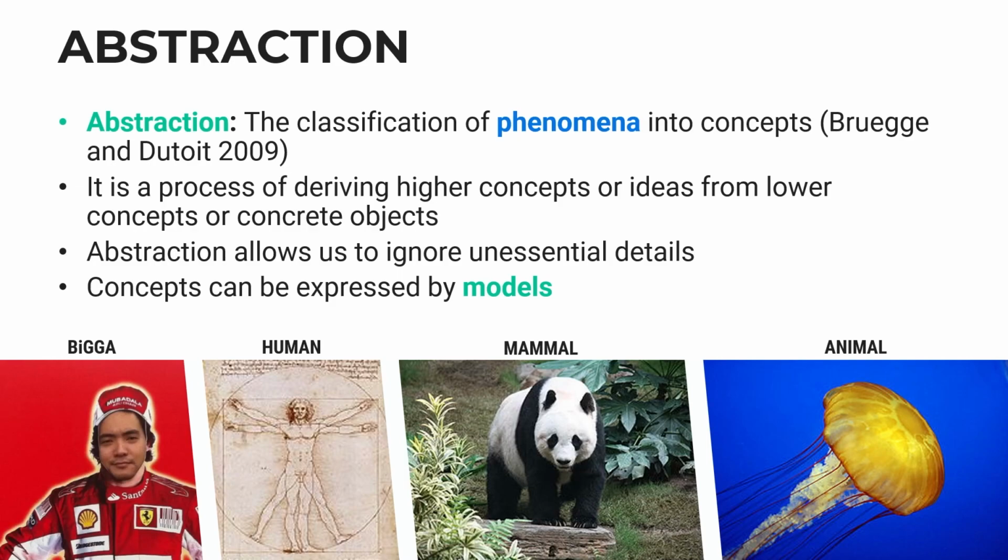If you want to describe human beings as a whole, we're going to have to take away a lot of details, right? My eye color, my hair color, my height, my weight, my name even. You take away these things and keep only important stuff, only important features or characteristics of human beings.